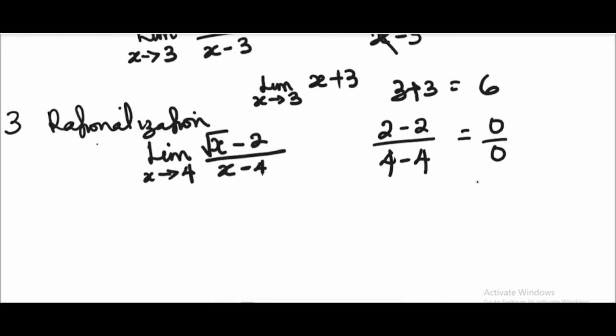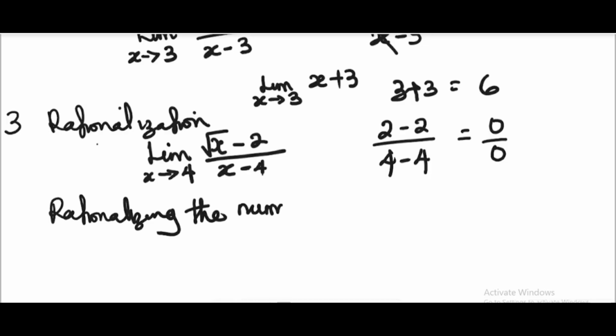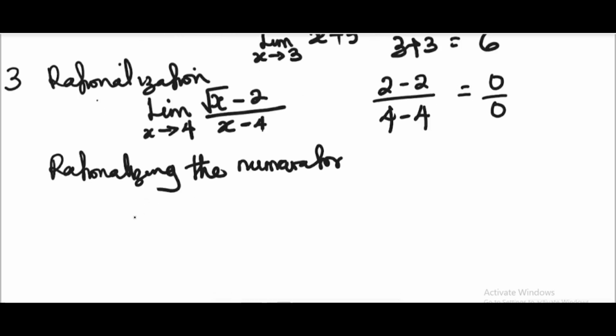So now rationalizing, since I have a root in the numerator, let me rationalize. Rationalizing the numerator, the conjugate of that numerator, of that root there, is going to be root x plus 2.